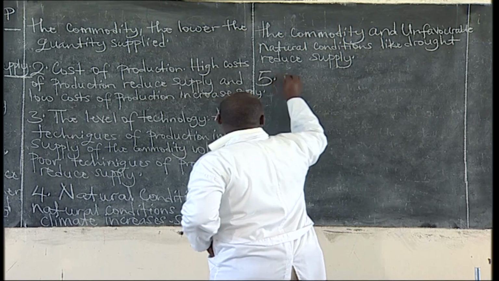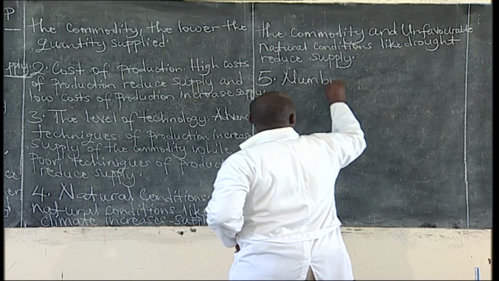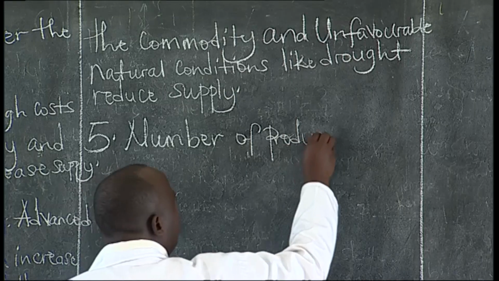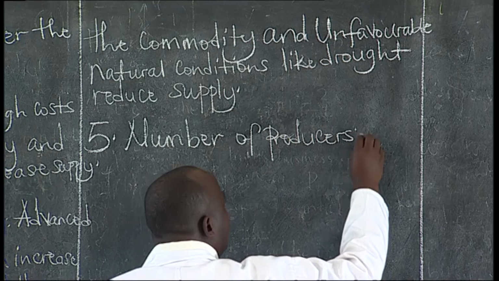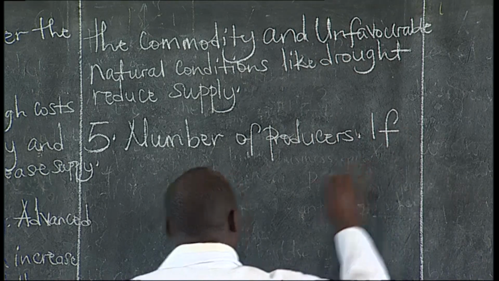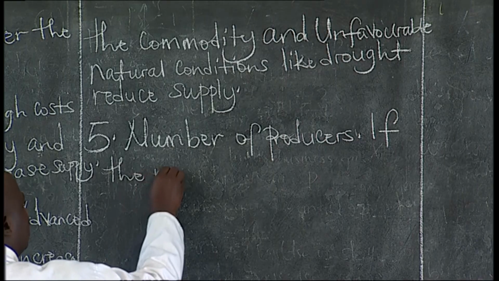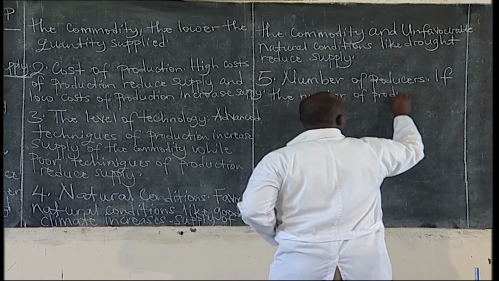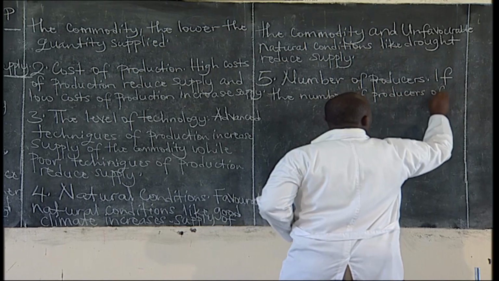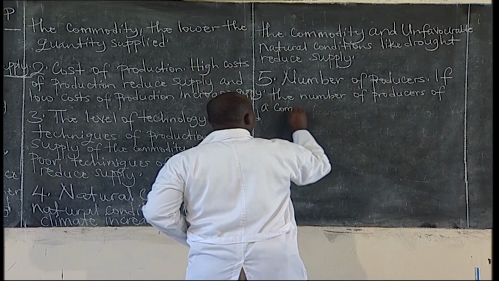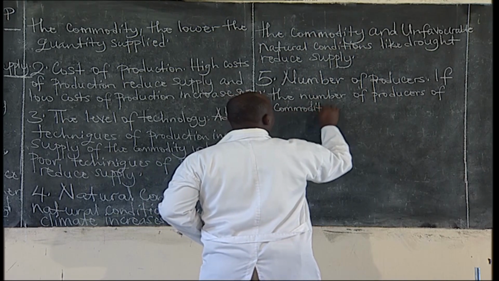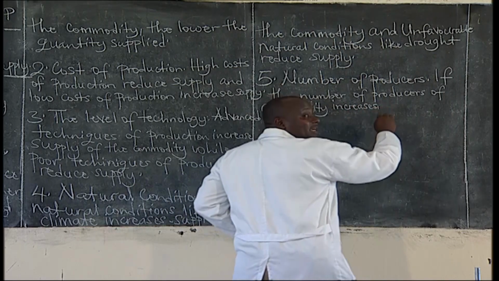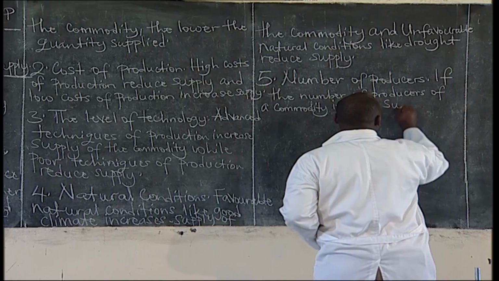The next factor is the number of producers. If the number of producers of a commodity increases, supply also increases.